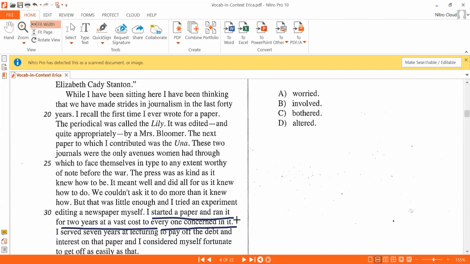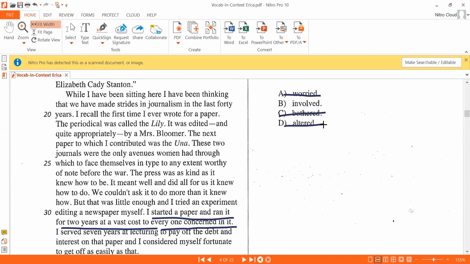So concerned in it, most likely when you describe a feeling of a human, if you are concerned, you can be worried, you can be bothered. But here we are talking about the idea of being committed to something or doing something.